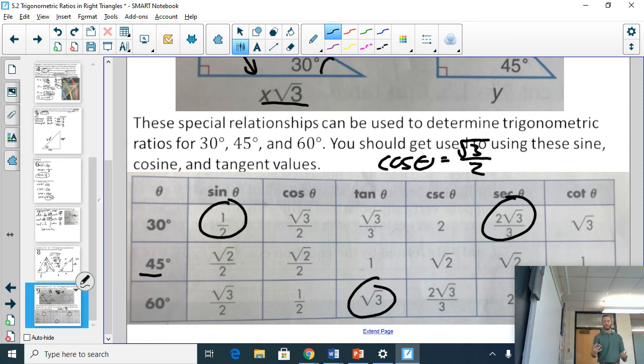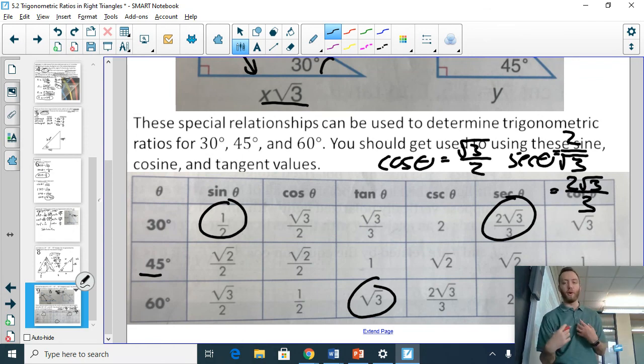And then I know secant of theta is just the reciprocal, so I'm just going to flip those: 2 over the square root of 3. And then once I do that, I just need to rationalize. So I'm going to multiply the top and the bottom by the square root of 3, which is going to give me 2 square roots of 3 all over 3. And so that's how we get that value.